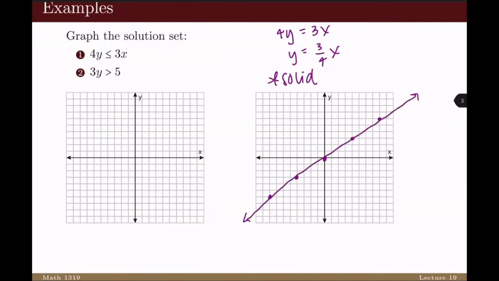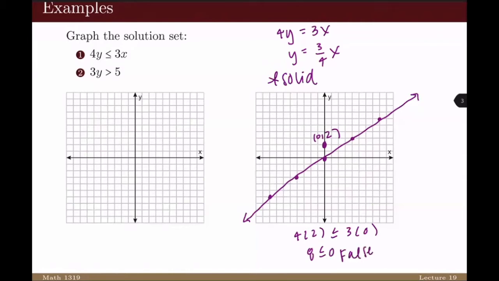So I have this. The final step is to pick a point and figure out if it is satisfying our inequality. So we've got 4y less than or equal to 3x. So I'm going to pick the point here, which is 0, 2. So that means we'll have 4 times 2 is less than or equal to 3 times 0, which means 8 is less than or equal to 0. So this is false.